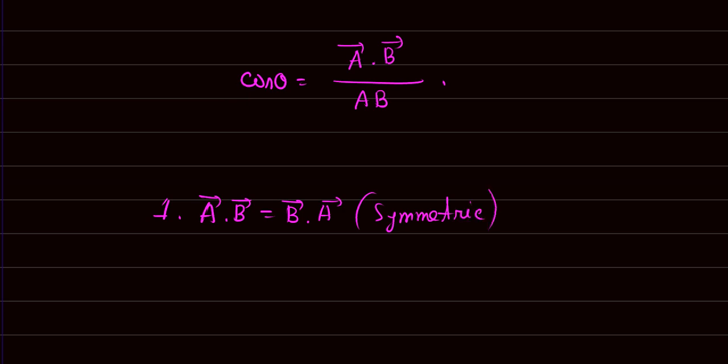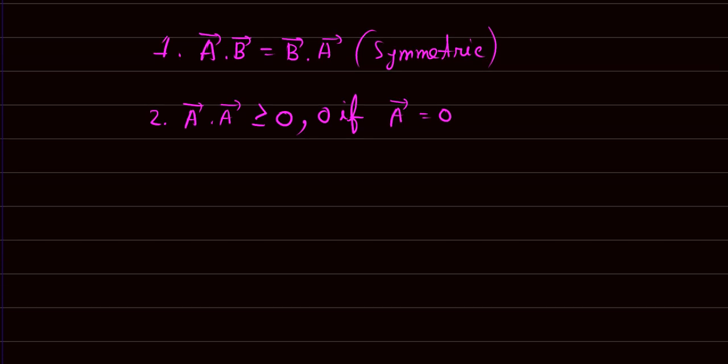If we change the order of the vectors, it does not matter, it always gives us the same number. And two: A dot A will always be greater than or equal to 0, and equal to 0 only if A is 0. This is a property of the dot product. And another property is linearity.